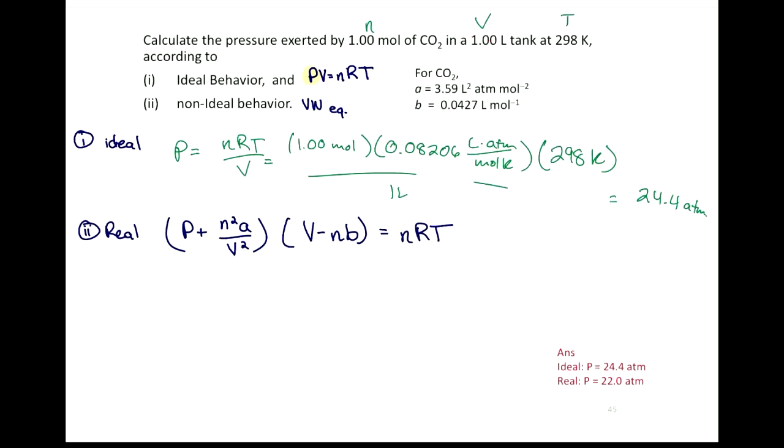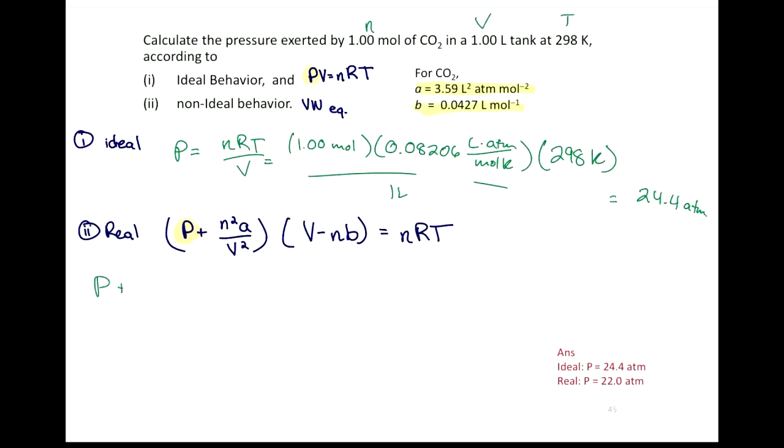We have all the pieces we need. The new pieces of information are the a and b terms given for CO2. We're still calculating for pressure, we just need to put in those a and b terms, and mole amounts and volumes where necessary.